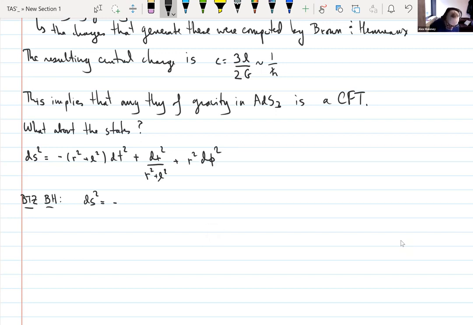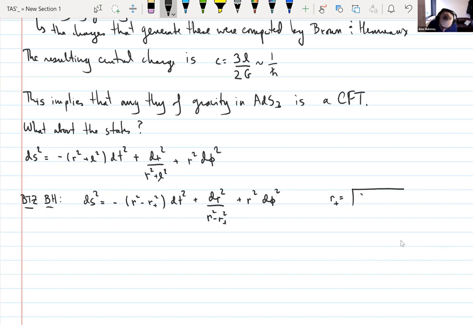And in fact, the metric of the BTZ black hole is almost identical to the metric that I wrote down above. In particular, all I do is I modify those warp factors by changing the L squared parameter to a new parameter with dimension of length, which you can immediately see here is going to be the horizon radius of this black hole.